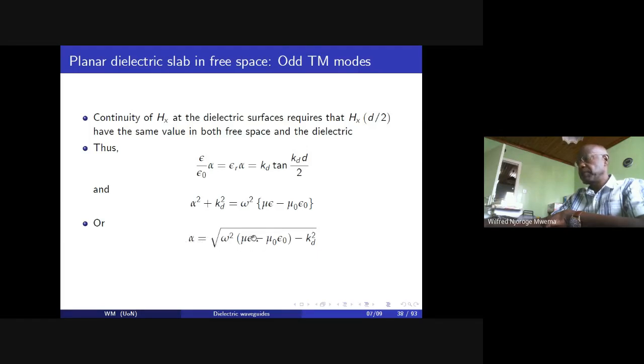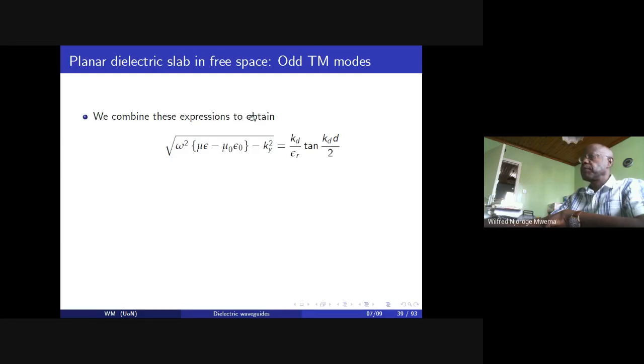Remember that mu epsilon minus mu naught epsilon naught is the same as mu naught epsilon naught multiplied by epsilon r minus 1, where epsilon r is, of course, the dielectric constant of the dielectric. So we combine these expressions to obtain a value of that nature, and this must be equal to kd by epsilon r and the tangent of kd d by 2.